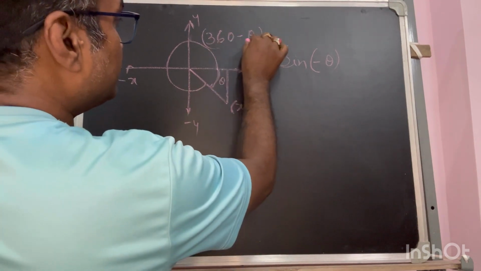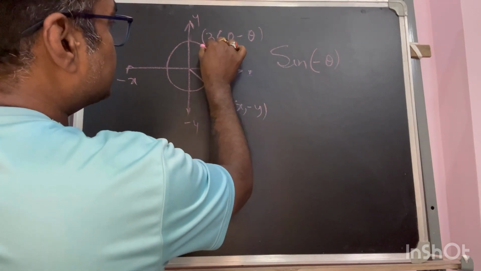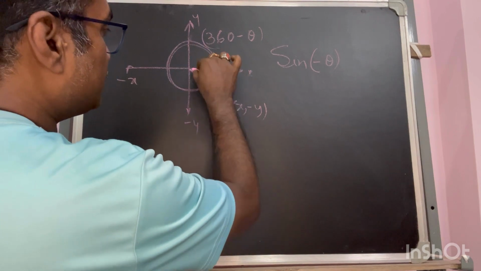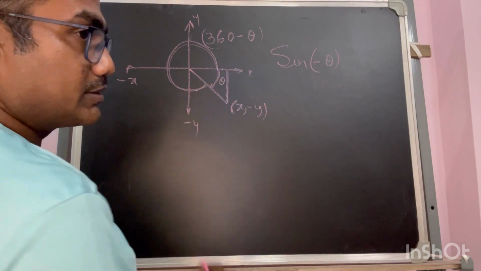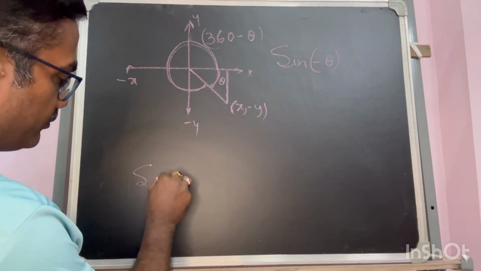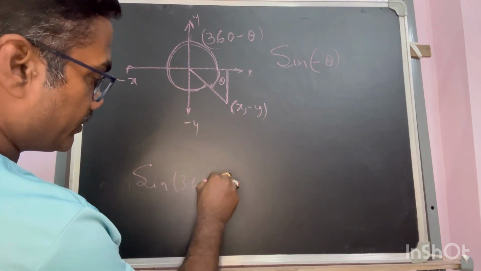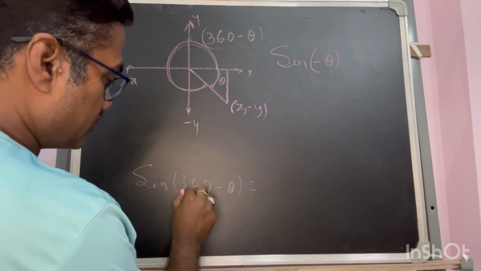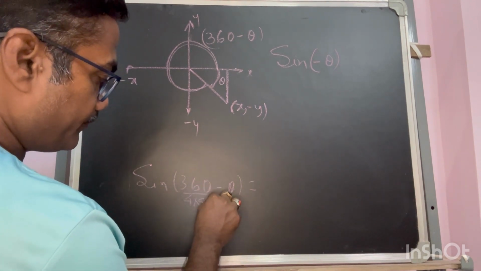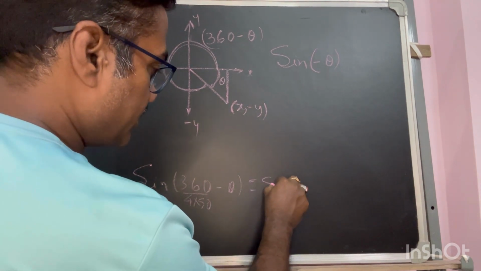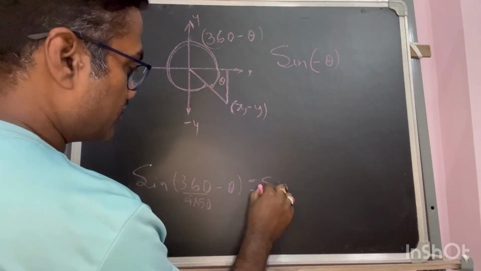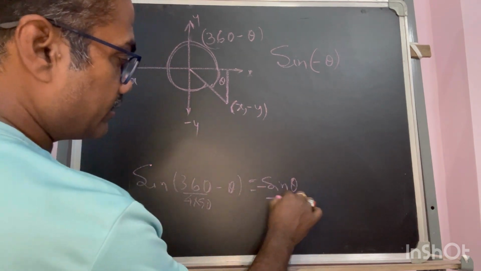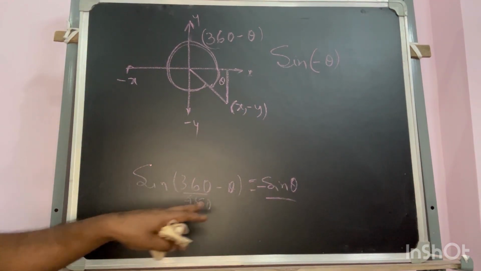So if I consider the sine of 360 degrees minus theta, as it is the fourth quadrant, that is 4 into 90, so sine stays sine, and because in the fourth quadrant sine is negative, the result is minus sine theta.